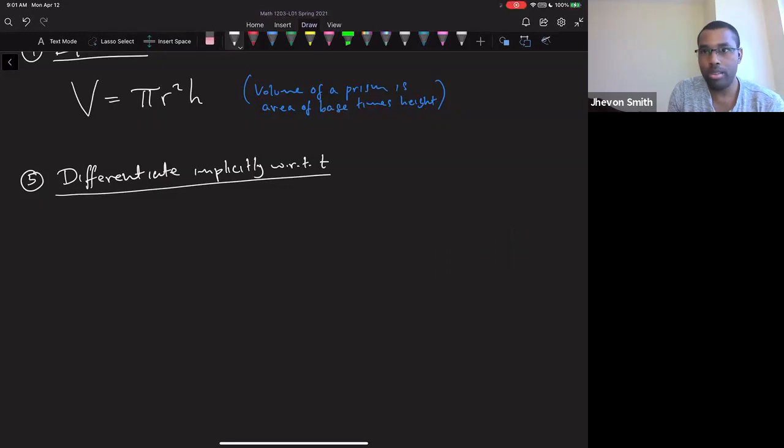Well, v prime, right? dv dt. In this setup, I like to remind myself that the independent variable is t. So I use the Leibniz notation whenever doing this.